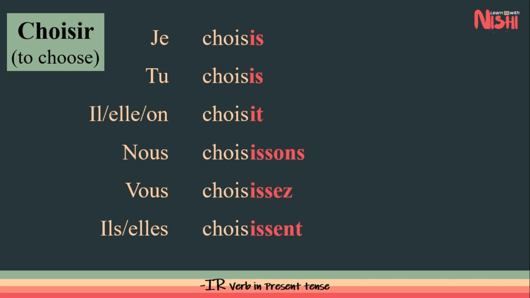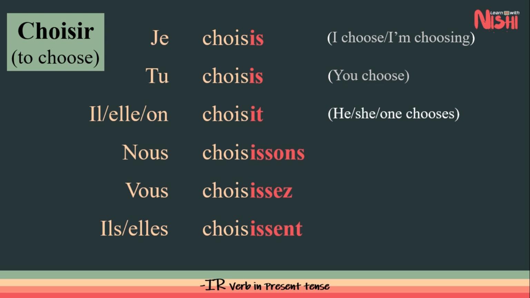Je choisis, tu choisis, il choisit, nous choisissons, vous choisissez, ils choisissent. Easy, right? And all regular IR verbs follow this pattern.